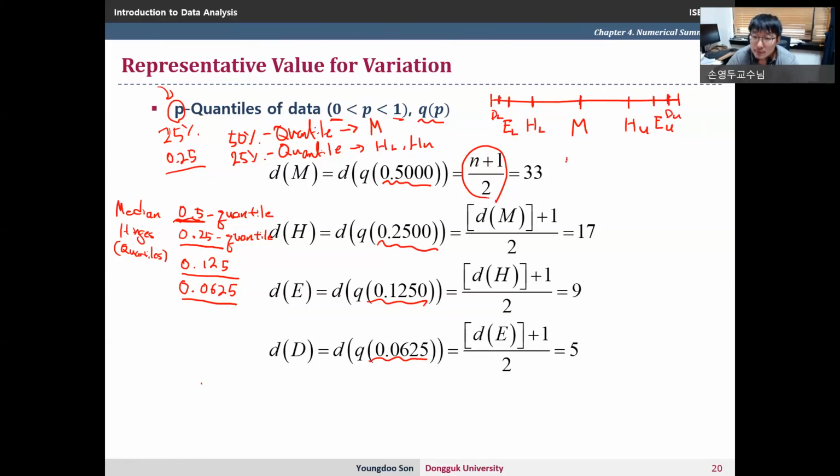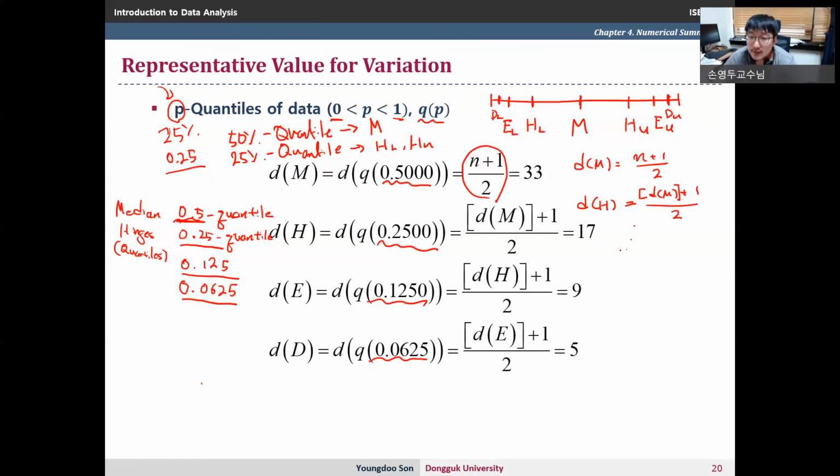So the depth of the median, we use the small d, the depth of the median is n plus 1 over 2, and we defined in the last class the depth of the hinge as the floor of dM plus 1 over 2.